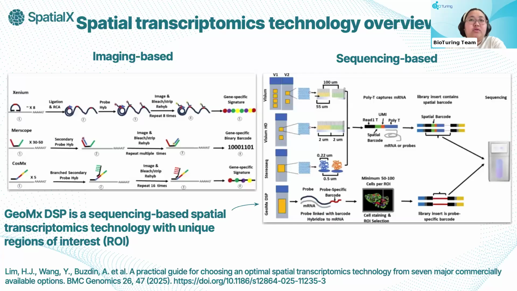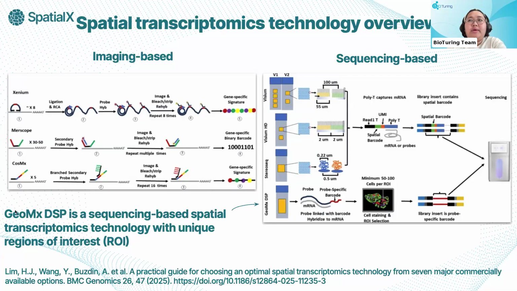So the main technology that we are looking at today is GeoMx. The full name is the GeoMx Digital Spatial Profiler, DSP. GeoMx is a sequencing-based spatial transcriptomics technology with unique regions of interest. A very huge advantage of GeoMx is the ability to capture a large number of genes, I would say the whole transcriptome of around 18 to 19,000 genes with a very nice sequencing depth.